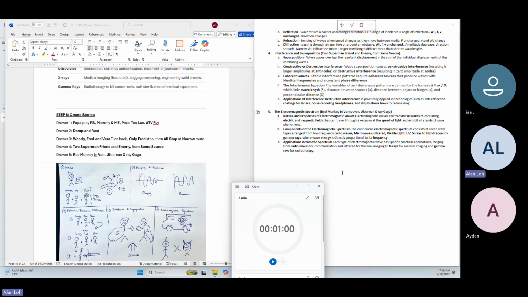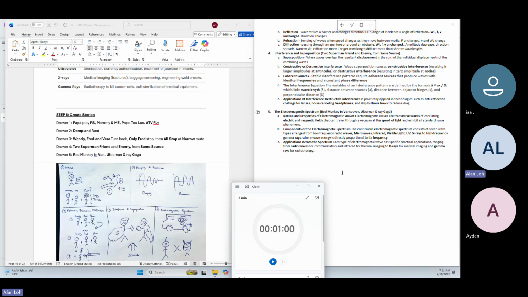If I am the student, I'm being asked that way, assuming that is the teacher, I'm going to tell the teacher there are components or information related to wave, related to damping and resonance, related to reflection, refraction, and diffractions, related to interference and superposition, and related to electromagnetic spectrum. Right. Then from there, I will explain part by part.